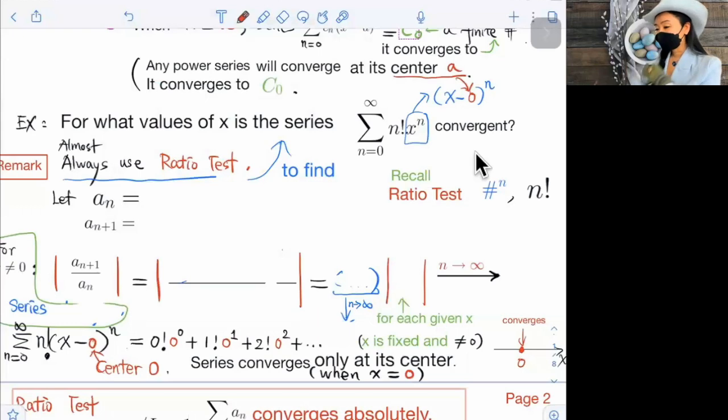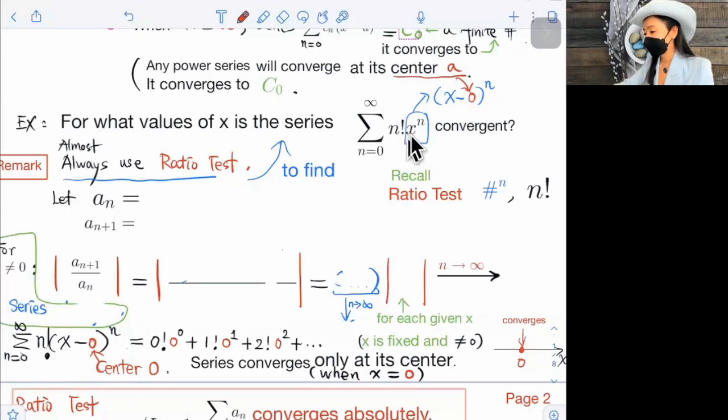So we want to find out for what values of x this series is convergent. That means if you substitute x here by what kind of number, this series equals a finite number. How do we find out? First of all, do you think this power series is going to converge at the center 0?